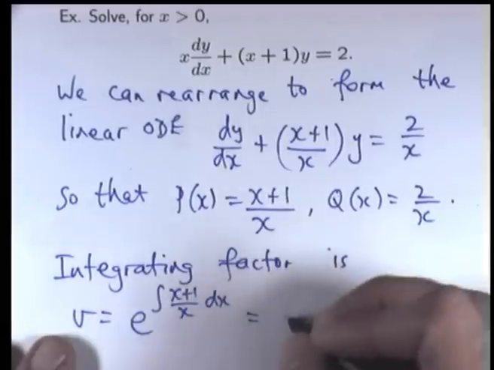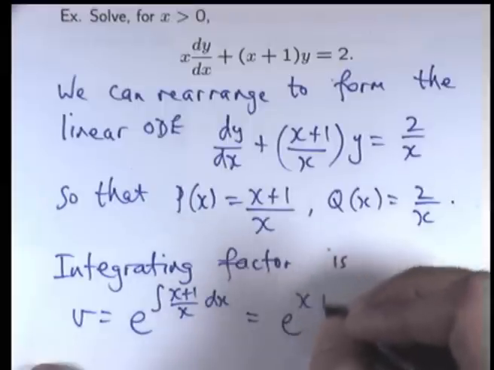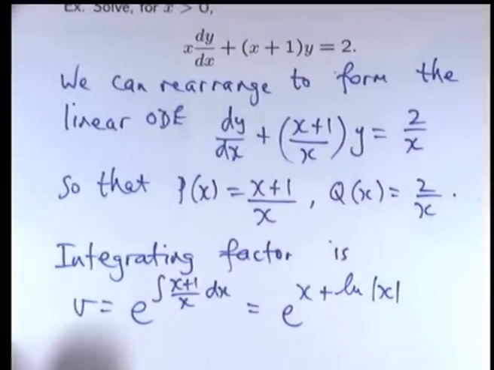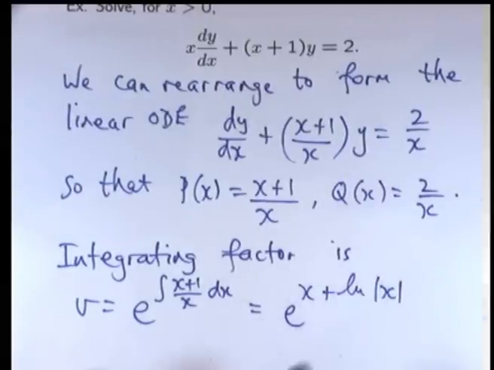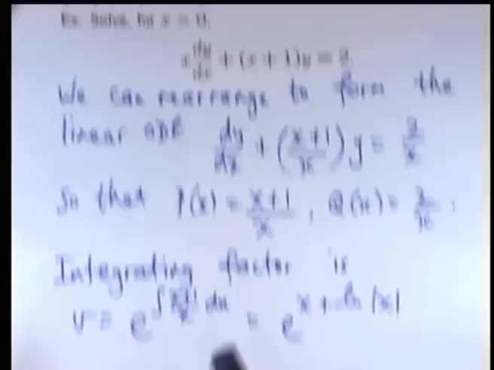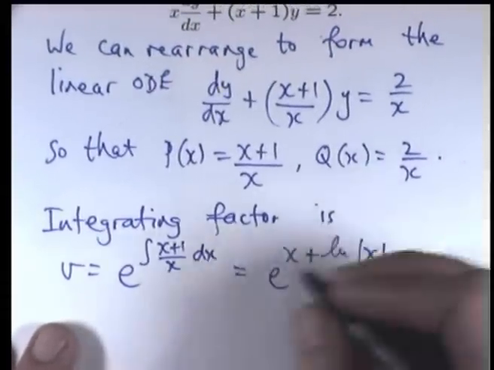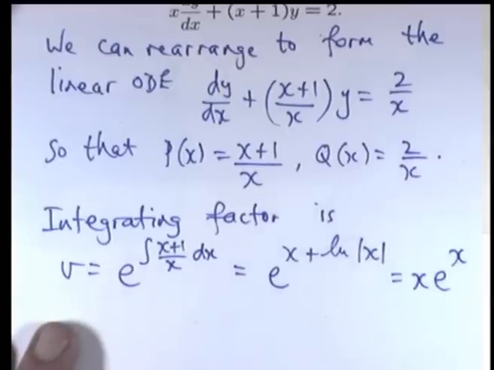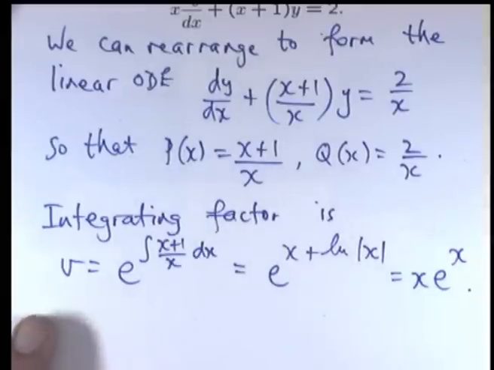If I split that up, it's going to be e to the x plus log absolute x. Now I can simplify this further by breaking this up a bit, and remembering x is positive here. If I use my index laws, it's going to be x times e to the x. So I've broken it up and used the fact that x is positive.